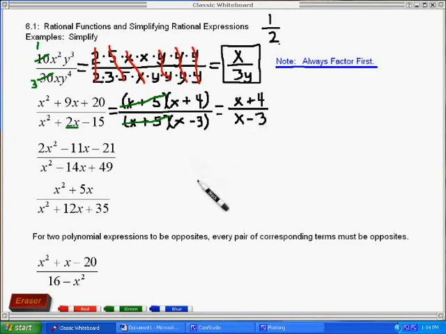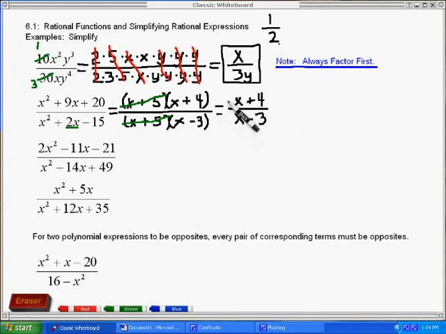Now then, the question I always ask students is, at this point, can I go ahead and cancel anything out? Can I cancel out these x's, for instance? And I always have students that say yes, but we cannot do that. We cannot cancel out these x's because they have a 4 and a negative 3 attached to them, so these are not common factors that we can divide away.